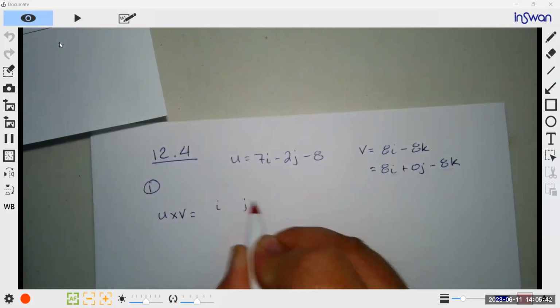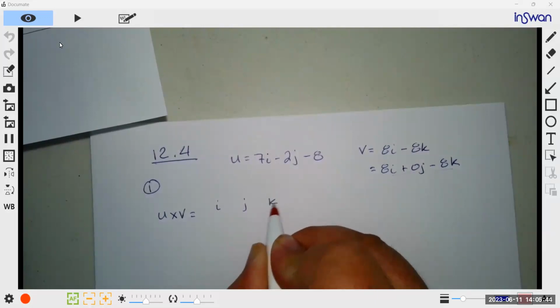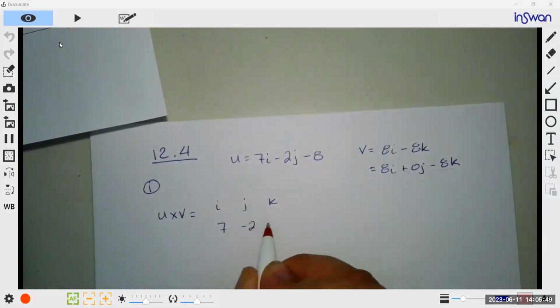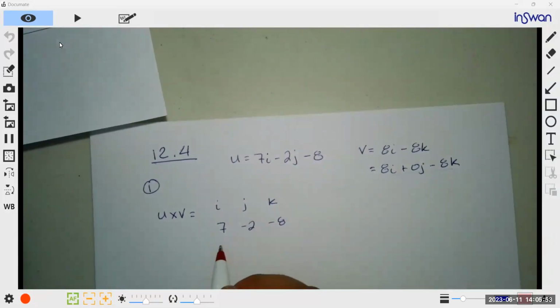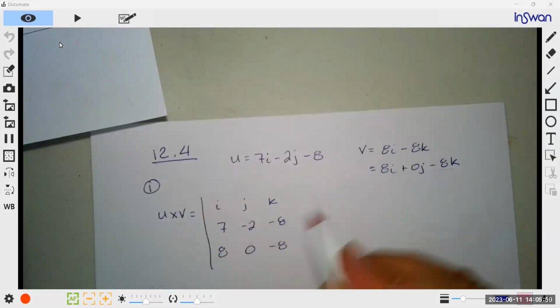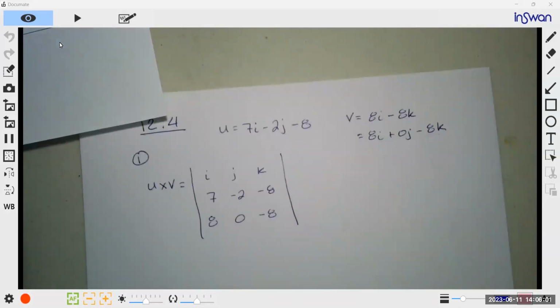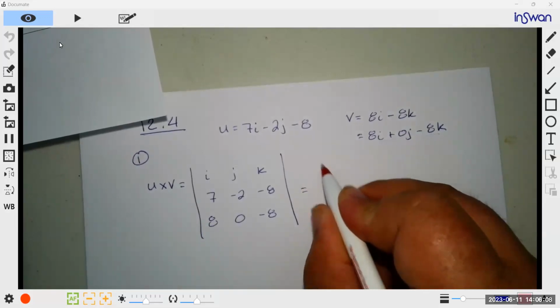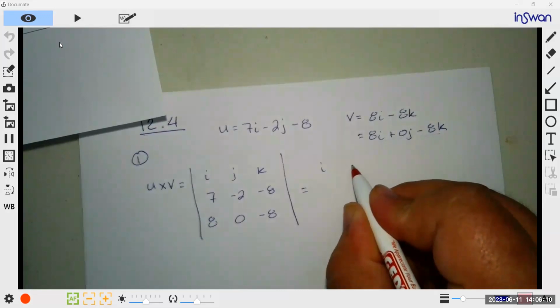So we create our matrix. Since u is the first one, we put 7, -2, -8. And v is the second, 8, 0, -8. We're looking for the determinant. I like to use the other method instead of using the sub matrices.